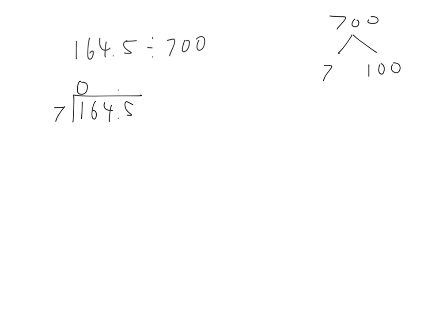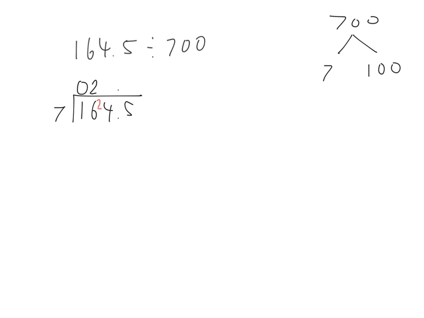And then we ask the question, okay, so 7 does not go into 1. How many times does 7 go into 16? We know that 7 goes into 16 at least twice because 7 times 2 is 14. So 2 goes up on the top. 16 minus 14 is 2. So the remainder is 2 and goes next to the next place value.